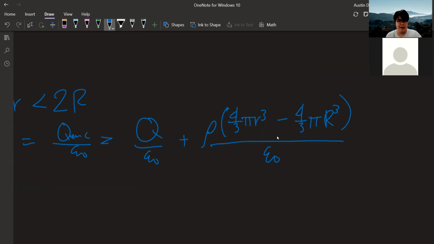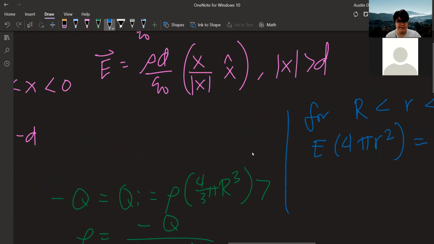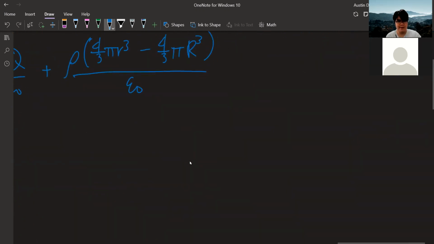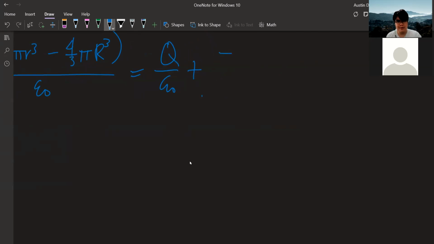Then we use the value that we found for rho, which is negative Q and so on. So this is Q over epsilon naught. Let's leave it like that for now. Negative Q over, sorry.